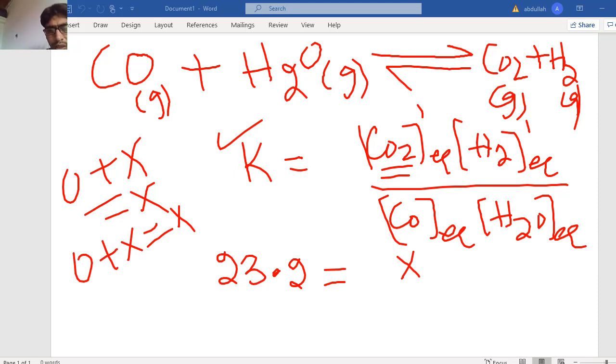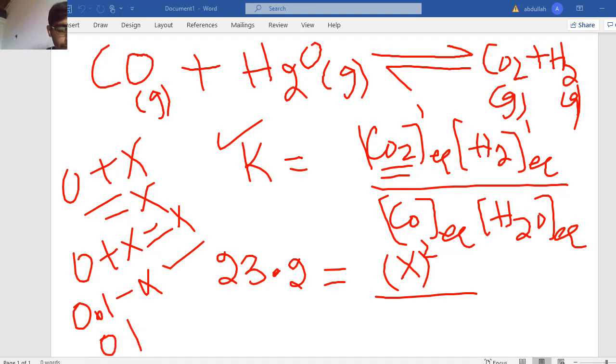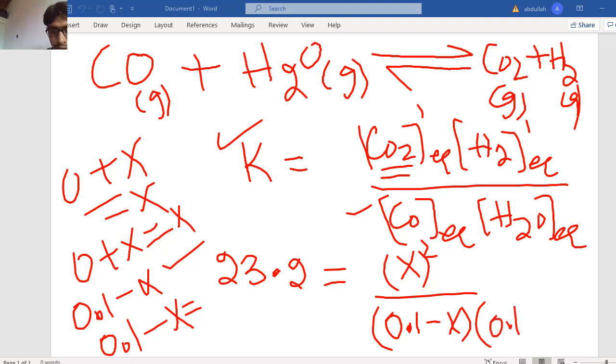So x multiplied by x is x squared, divided by the equilibrium concentration of carbon monoxide, 0.1 minus x, and the equilibrium concentration of water, 0.1 minus x.